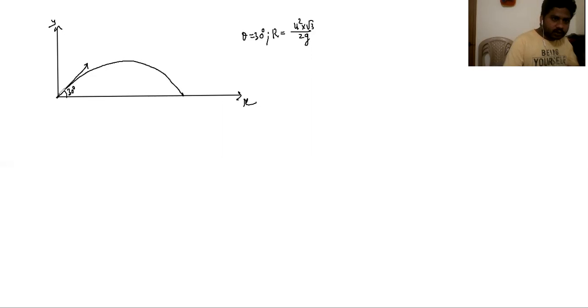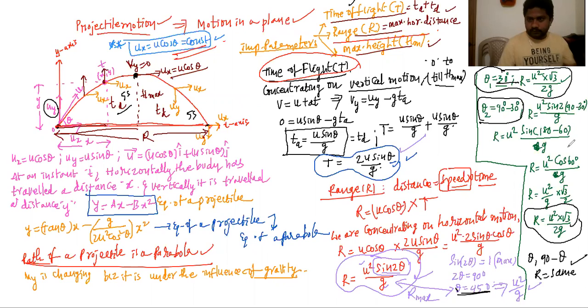Sorry, cos 60 is 1 by 2. Sine (180 minus 60) is sine 60 only.